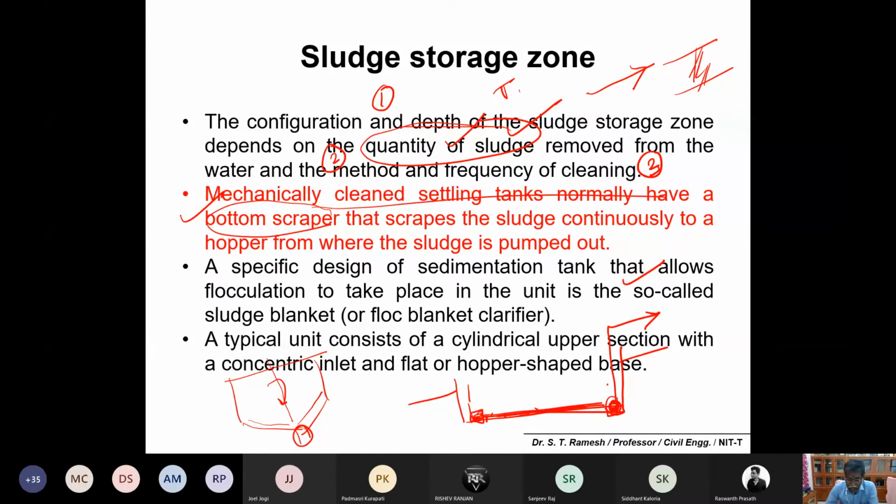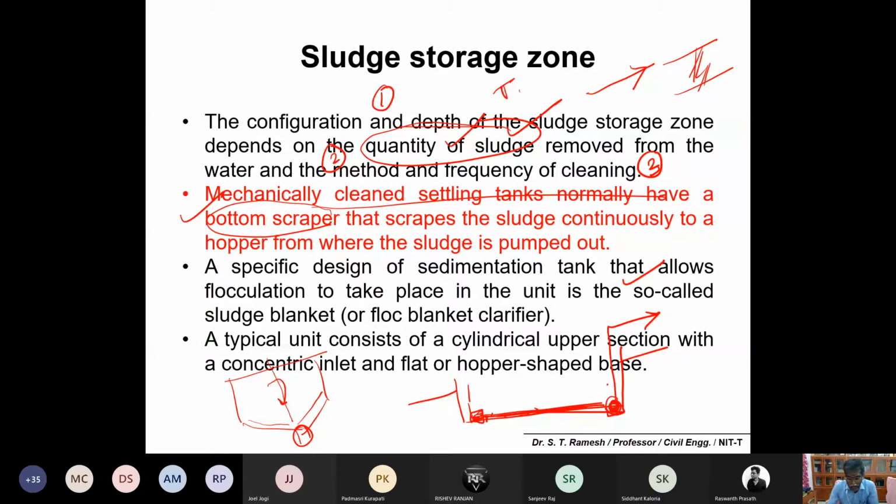It is very similar to your tank design. If you have a chance to visit the bigger water tanks for your community or in gated flats, when they want to clean the tank, they scrape, and the bottom of the tank might have a slope, and they scrape all the sludge to a common point where you can withdraw it.